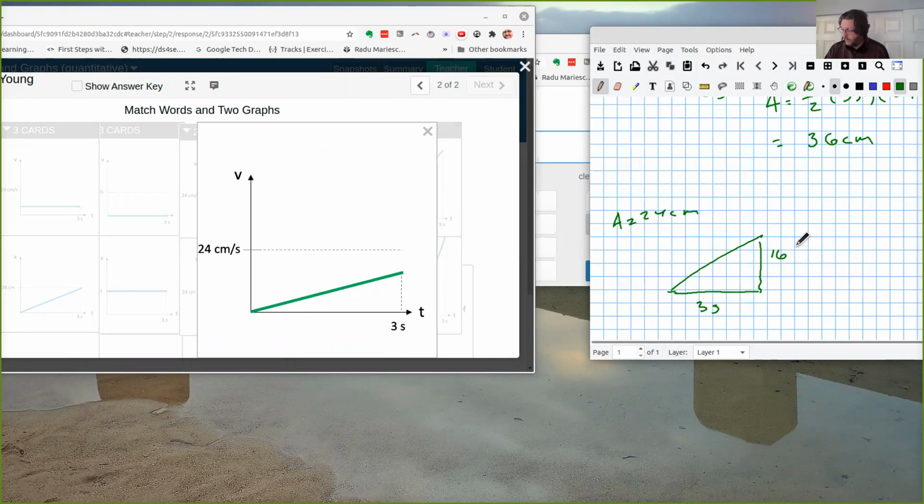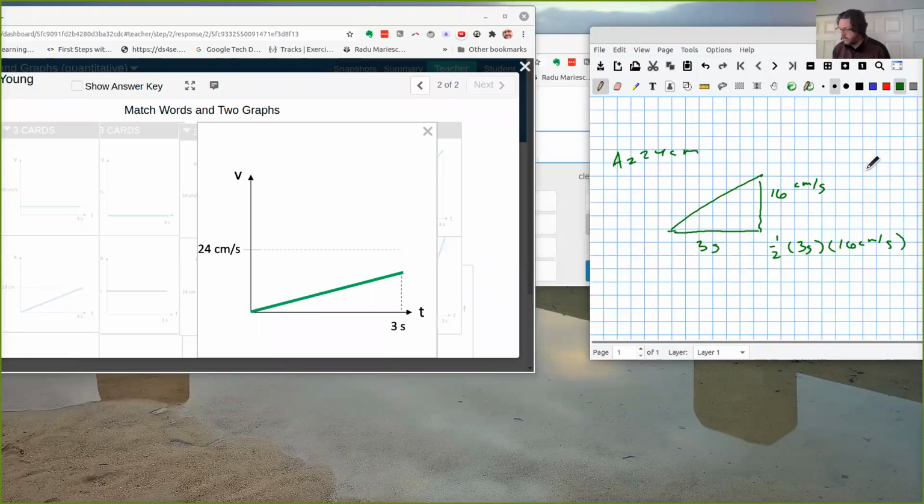Let's see if that's right. So 1/2 times 3 seconds times 16 centimeters per second. 1/2 of 16 is 8. 8 times 3 is 24. That really is 24 centimeters.